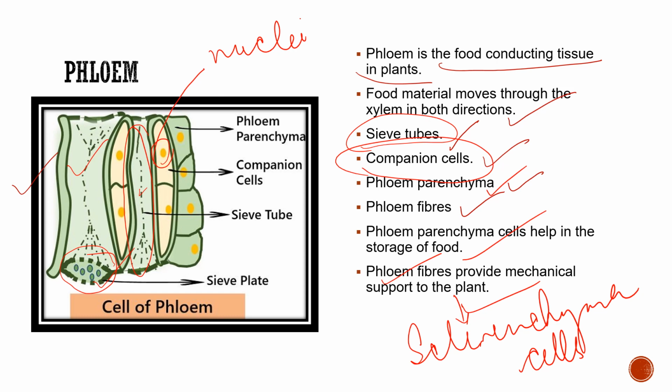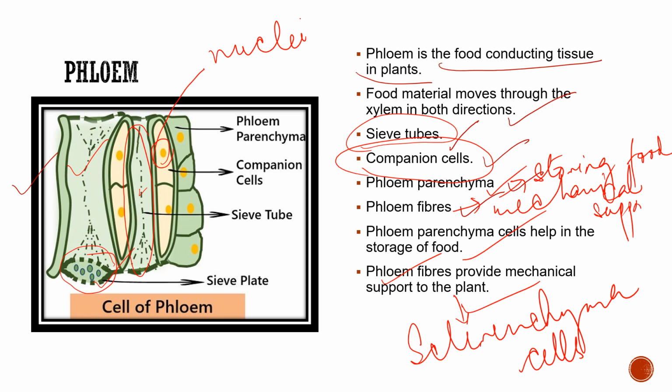Phloem parenchyma cells, we have told, are storing the food, and phloem fibers are providing mechanical support. So this is all about the xylem and phloem. Now we will discuss the differences between the xylem and phloem.